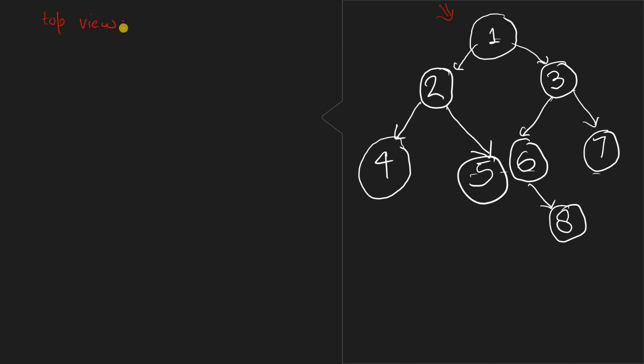The top view from left to right will be, if we are seeing from here, we will be able to see only 4. Just imagine that you are seeing from this side, and you will be able to see 4, then 2, then 1, then 3, and then 7.